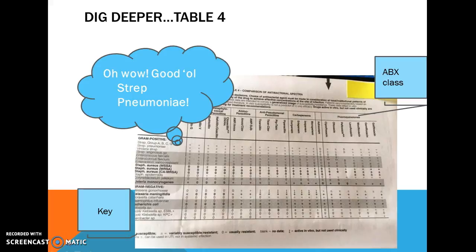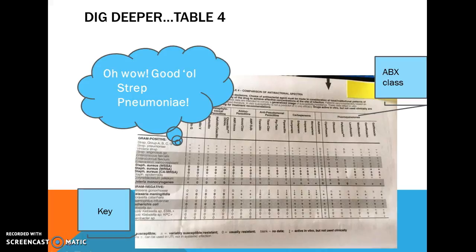So I mentioned earlier that sometimes it is not just an esoteric exercise to understand which are the causative organisms for the various diseases. Besides, of course, being important for knowledge on your certification exam, this will be some of the things you'll be tested on, the common infections which are caused commonly by certain organisms.